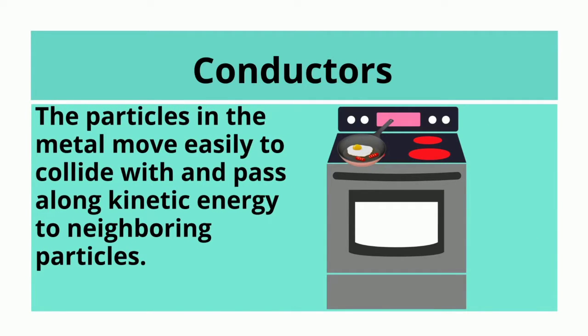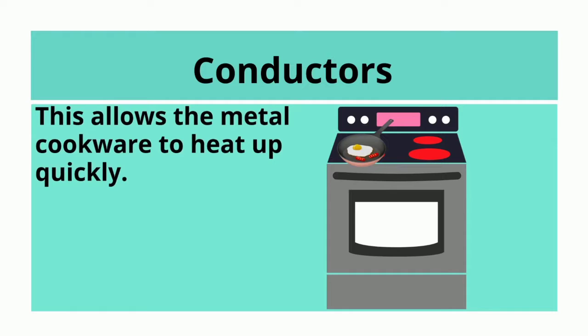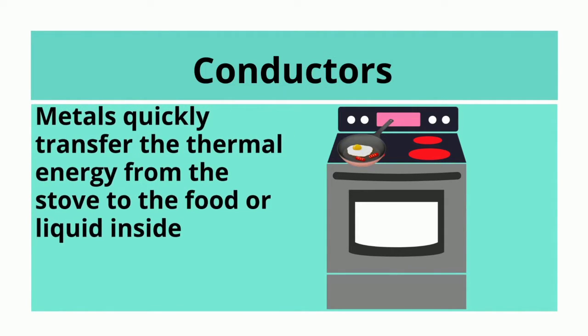The particles in the metal move easily to collide with and pass along kinetic energy to neighboring particles. This allows the metal cookware to heat up quickly. Metals quickly transfer the thermal energy from the stove to the food or liquid inside.